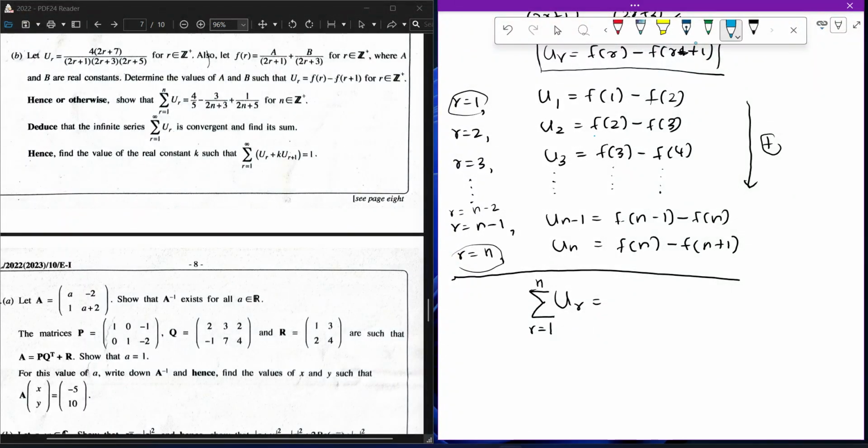You can see this f2 cancels, so f3 cancels. Similarly, this should also have the potential of becoming cancelled off, and here also this cancels off, here also this may cancel. So what you are remaining with is this one and this term with the minus. Okay, you cannot ignore the sign in front of it. So I'll move the color again to black. That would be, what is remaining is f1 minus f n plus 1.